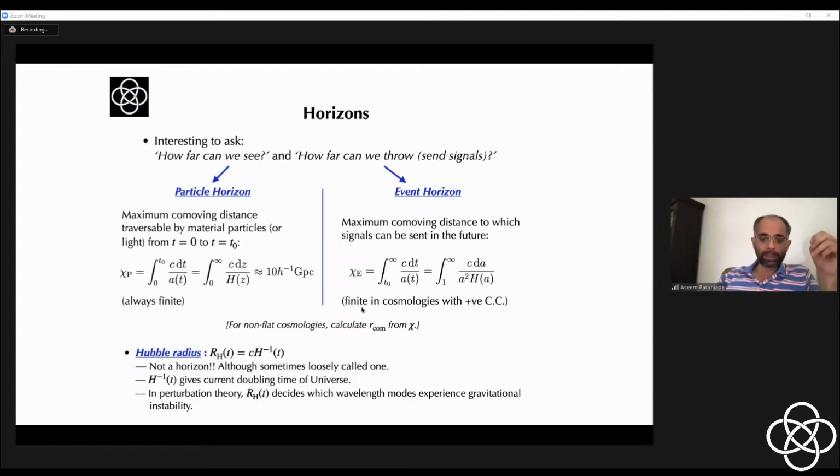So this is an interesting aspect of these cosmologies, because suppose I lived in Minkowski spacetime, just a flat universe, metric is minus dt squared plus dx squared plus dy squared plus dz squared, no time dependence. And now I ask the question, sitting here today, I throw out a signal of light and I have an infinitely powerful torch. How far away can people see my torchlight? How far into the future can people see my torchlight?